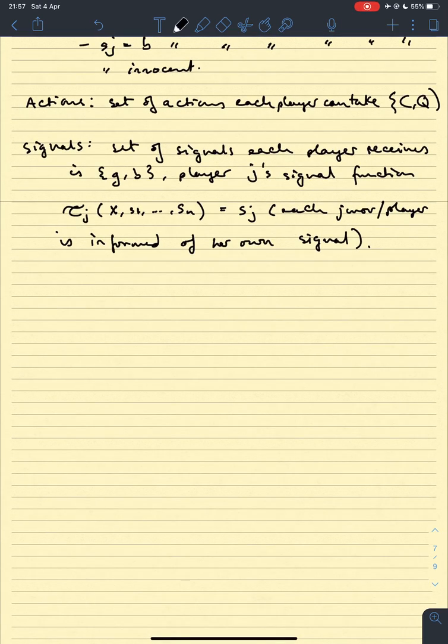And the beliefs of the players. So, after receiving information, each juror has a belief about the state of the defendant, whether they're guilty or not.